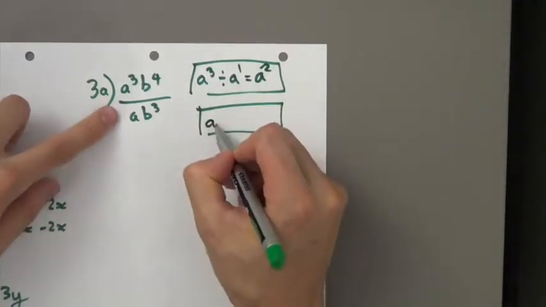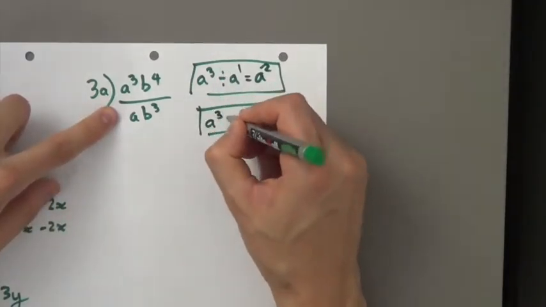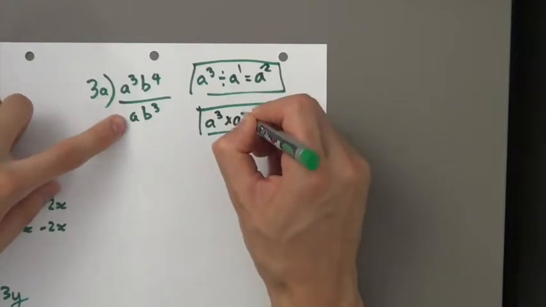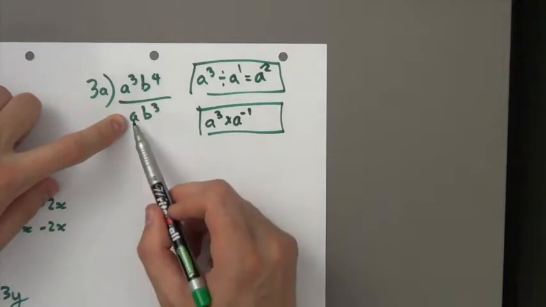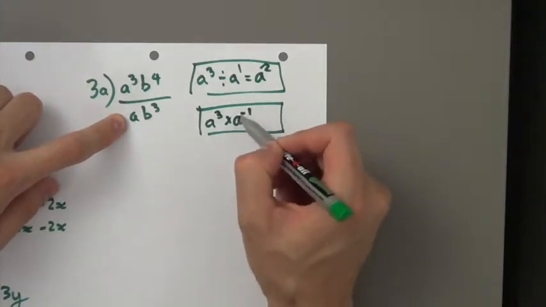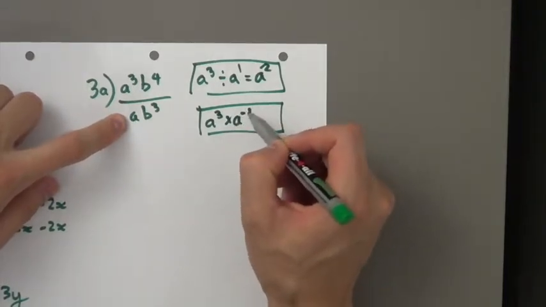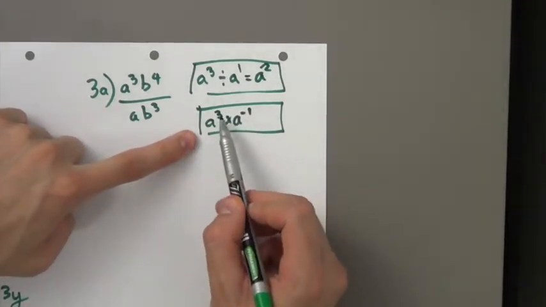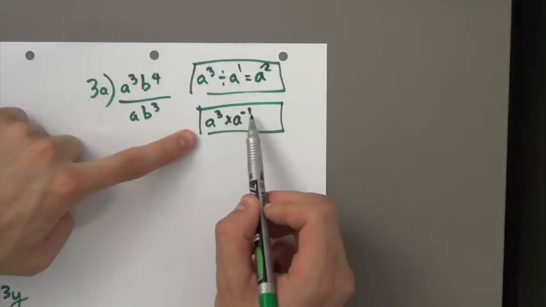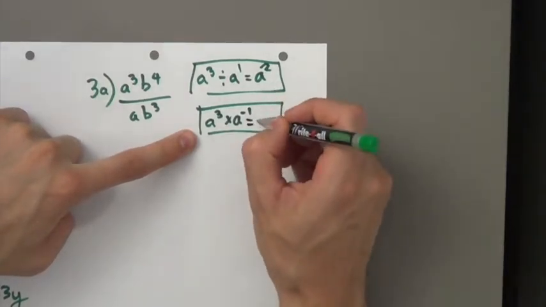Or we can rewrite this as a to the 3 multiplied by a to the minus 1. So this is another rule. Every time you see a 1 over, we can just rewrite that letter or term to the power of minus 1. And again, the same rule will apply, which is we add the indices. So in this case, 3 plus minus 1 is equal to 2.